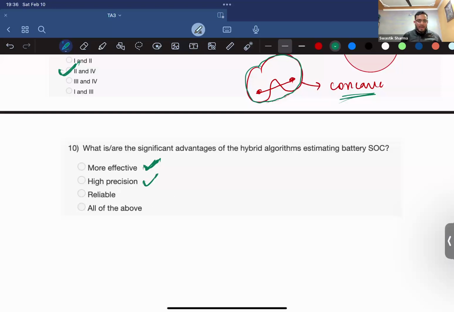You can do it with higher precision. It could be that your conventional method or your Kalman filtering has 70%, but your deep learning has 80%. But with a combination of them, you can have 85%. So you can get a higher precision from that, and they can be reliable as well. So the correct answer is all of the above.